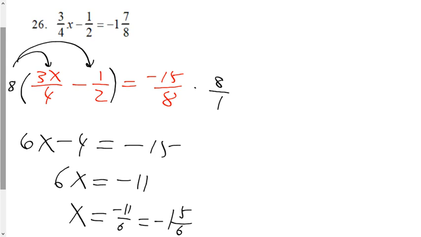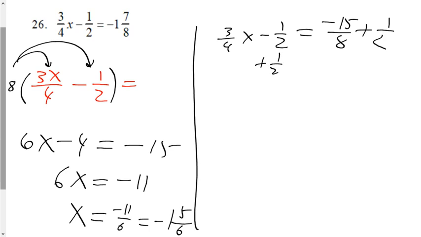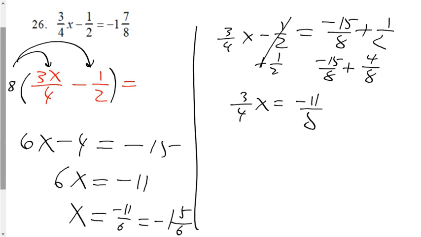Alternatively, you could add a half to both sides. So let me just get this over here. Hang on a second. If you add a half to both sides, you get 3/4 x equals negative 15/8 plus, multiplied by 4, 4/8 would be negative 11/8.